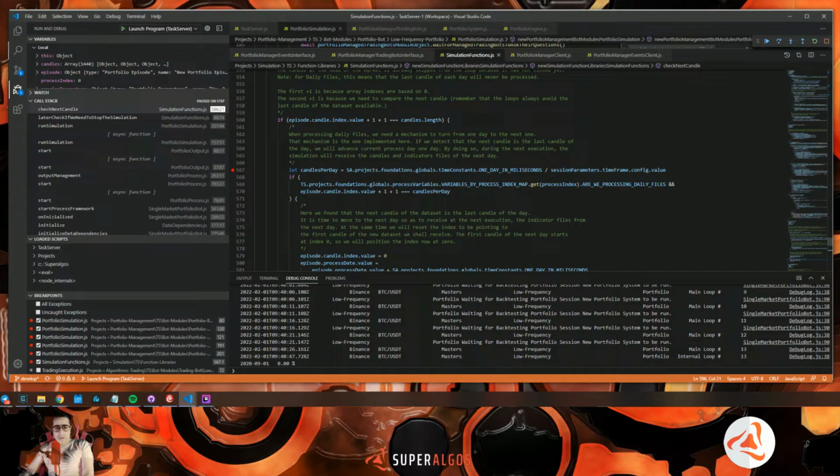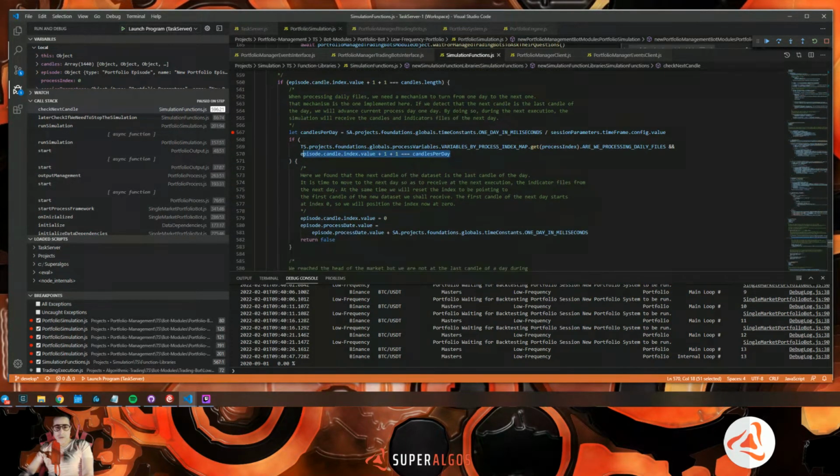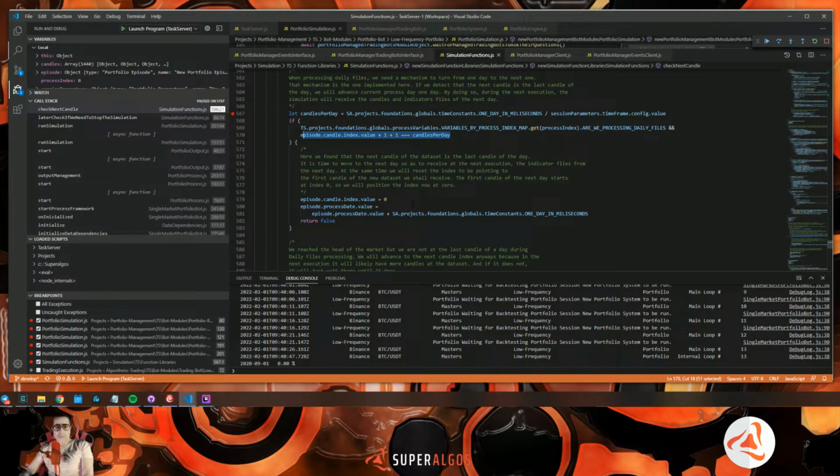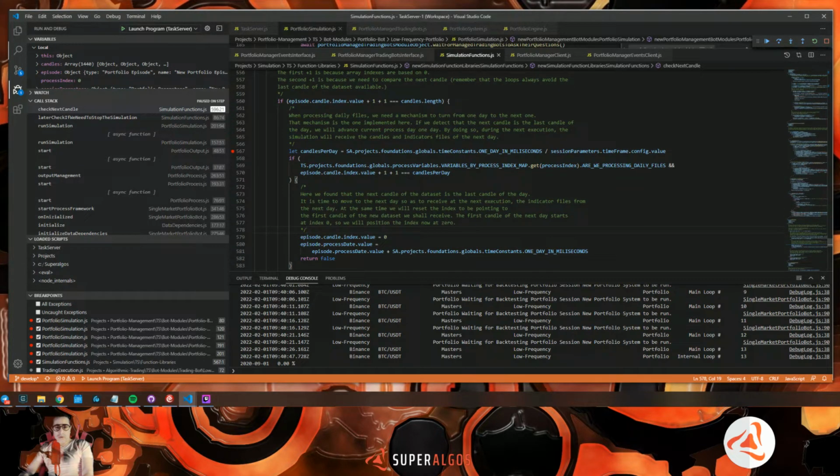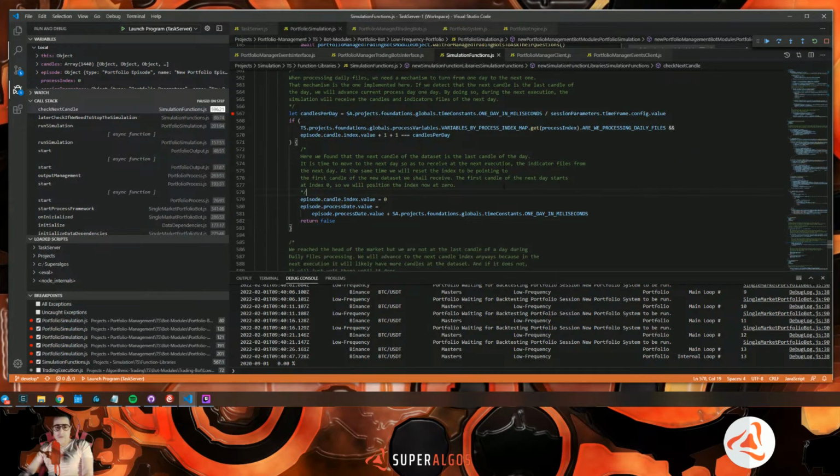So it advances the candle here. This is what makes the thing work in the end. No, because this is part of the if. This is what makes the advancement.